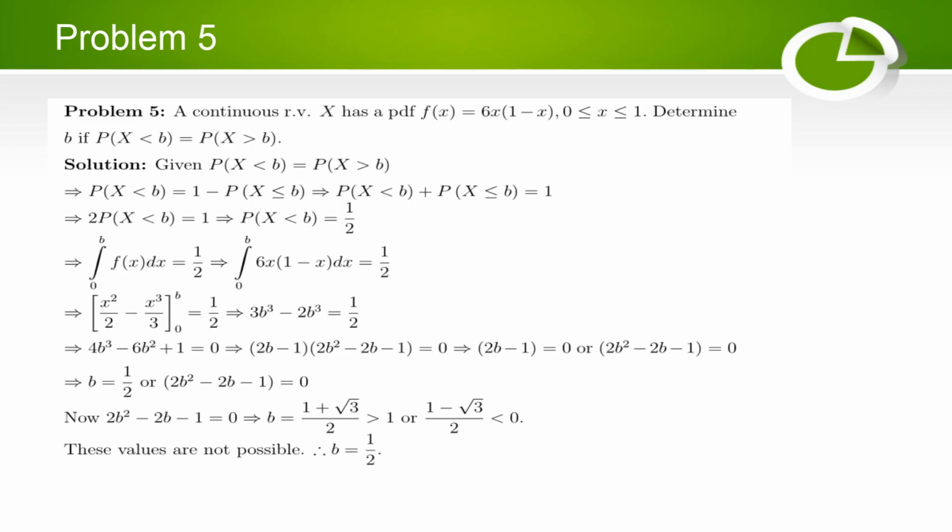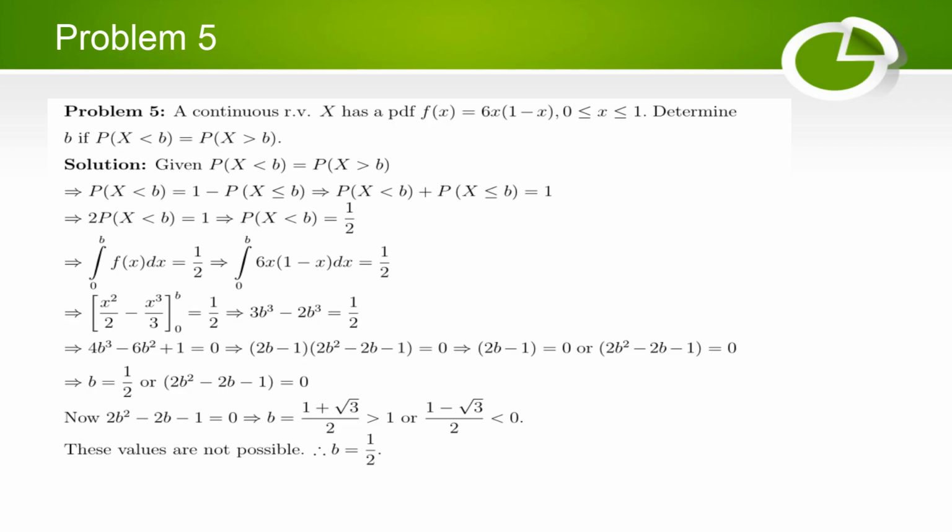Implies x squared by 2 minus x cubed by 3, limits 0 to b, equals 1 by 2, implies that 3b squared minus 2b cubed equals 1 by 2. Implies 4b cubed minus 6b squared plus 1 equals 0, implies that (2b minus 1) into (2b squared minus 2b minus 1) equals 0, implies that 2b minus 1 equals 0 or 2b squared minus 2b minus 1 equals 0.